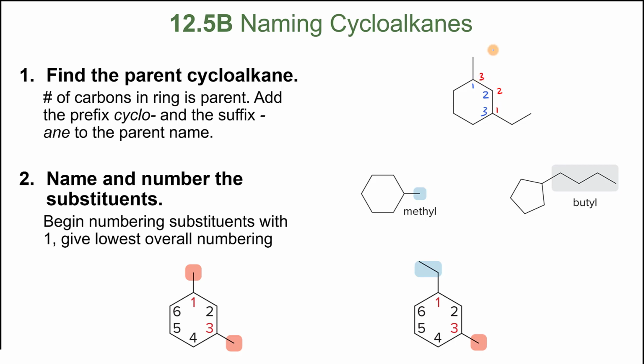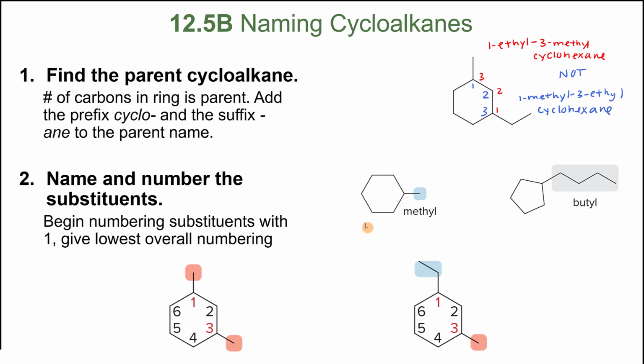With the red numbering, I have 1-ethyl, 3-methyl cyclohexane, and that name is better than 1-methyl, 3-ethyl. So we want to use the one that has the lowest alphabetical order if the numbering is tied.